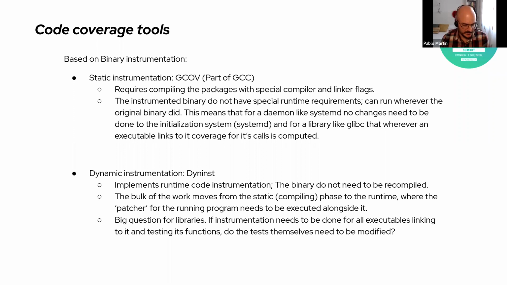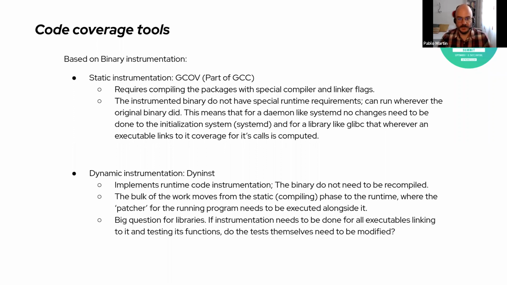We are taking the packages and adding the options to have code coverage, but at runtime, after installing them, there is nothing else to do. So we can use the system as it is, let it boot with the default options and all the rest, and code coverage for the enabled packages will be retrieved automatically.